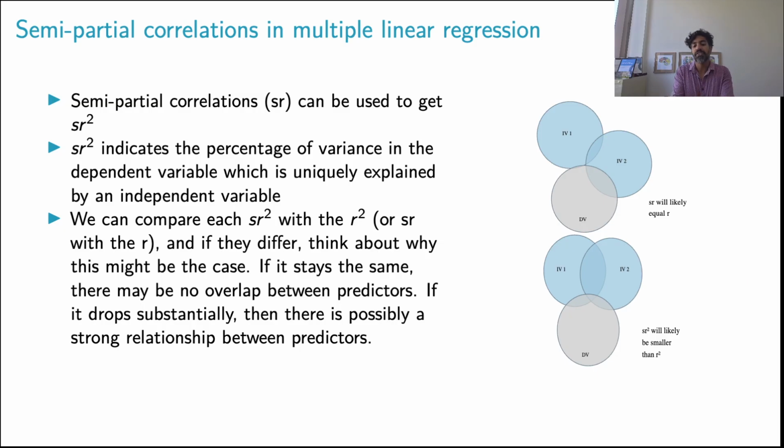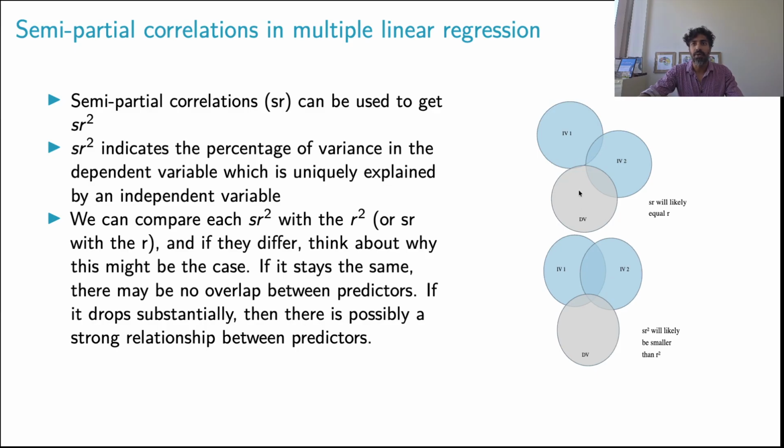You have Pearson's R, and if you have two variables, like an independent variable and dependent variable, if you square that, you get your coefficient of determination, the amount of variance accounted for. In the same way, with semi-partial correlations, you have SR, and if you square it, you get SR squared, which is the amount of unique variance for the variable. So the semi-partial correlation squared indicates the percentage of variance that's uniquely explained. So that's the key thing here.